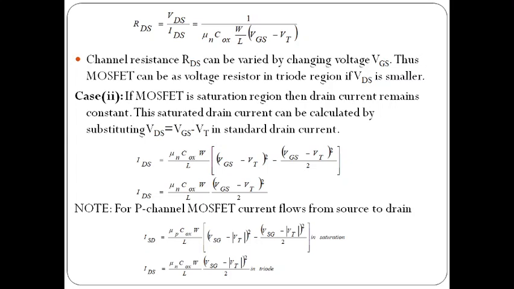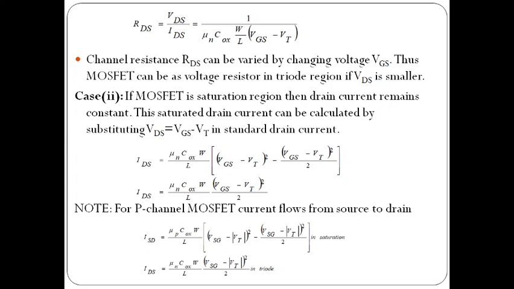So in case 2, if the MOSFET is in the saturation region, the drain current remains constant, we know. This saturated drain current can be calculated by substituting VDS equals to VGS minus VT in the standard equation.